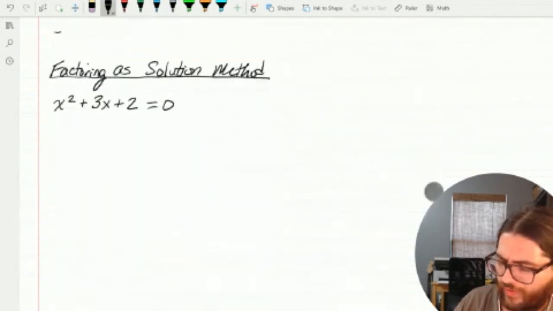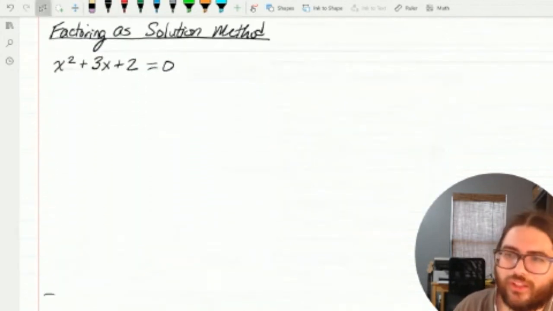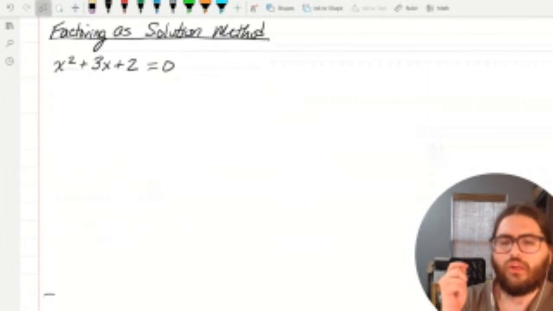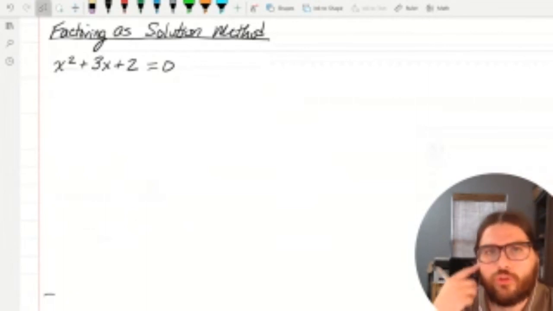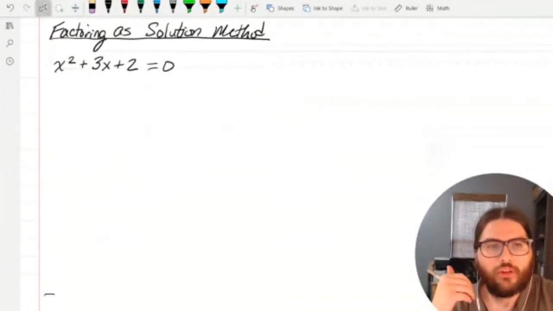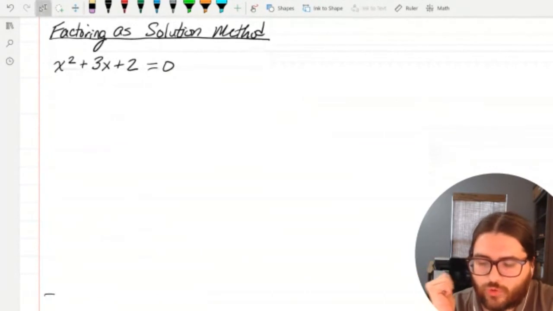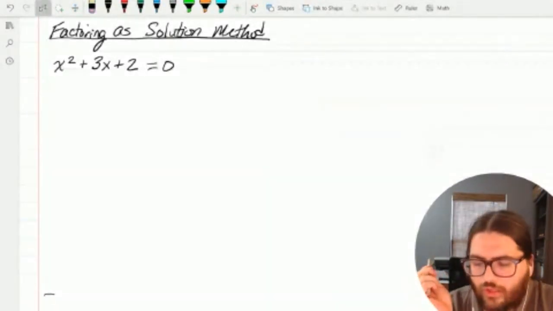So when we do all these kinds of factoring, why are we doing these factoring in the first place? Factoring is one and usually the first solution method for equations, quadratic equations that we have.